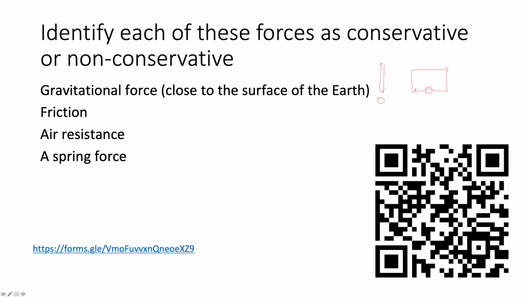So there is no work done against the gravitational force along this line, because the gravitational force is downwards and the displacement is leftwards, so these are perpendicular to each other. So when we do the dot product of the force with the displacement, it's 0. So we've only got these two vertical sides contributing. So this one is conservative.